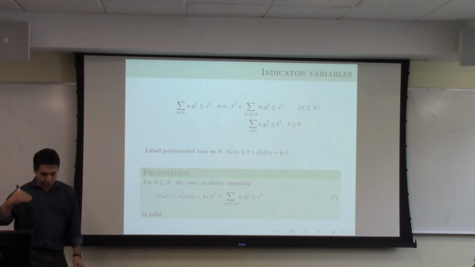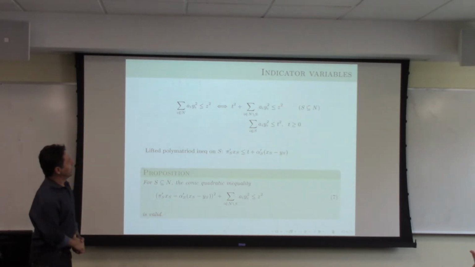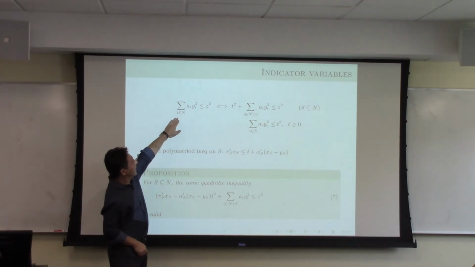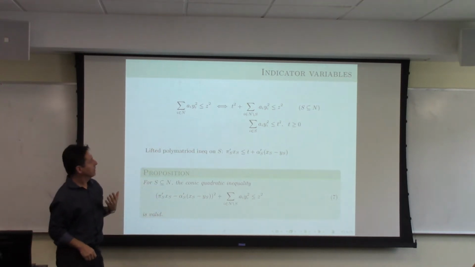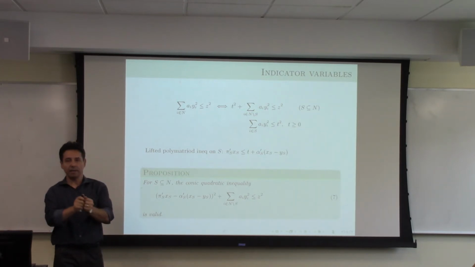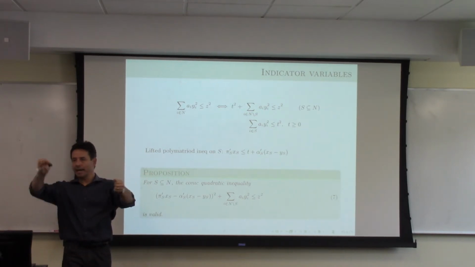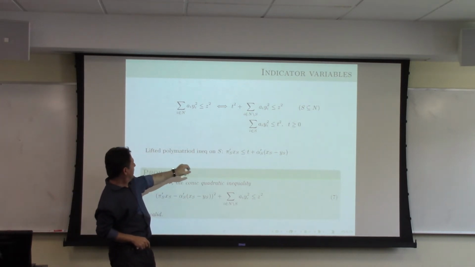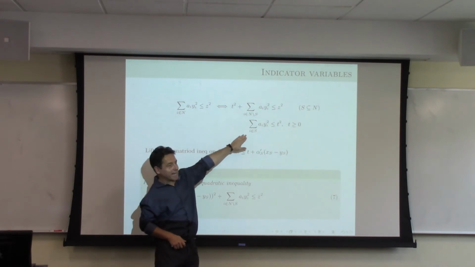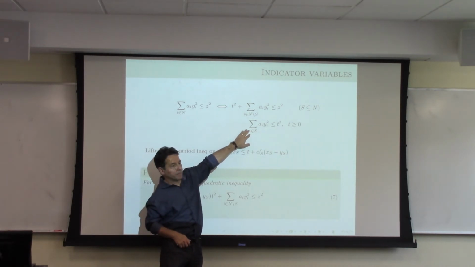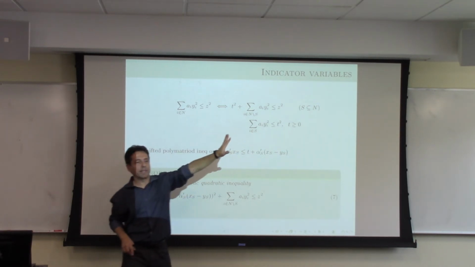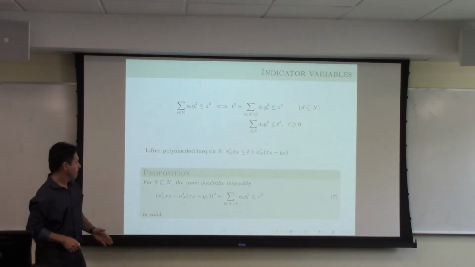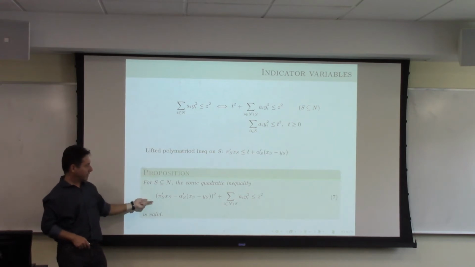We can generalize these inequalities by applying this trick not only on the set n, but on subsets of n. So I'm going to split my variables n into S and n minus S, and apply these polymatroid inequalities on the subset S, and leave the others intact. Don't touch them. If you do that, you get these inequalities.